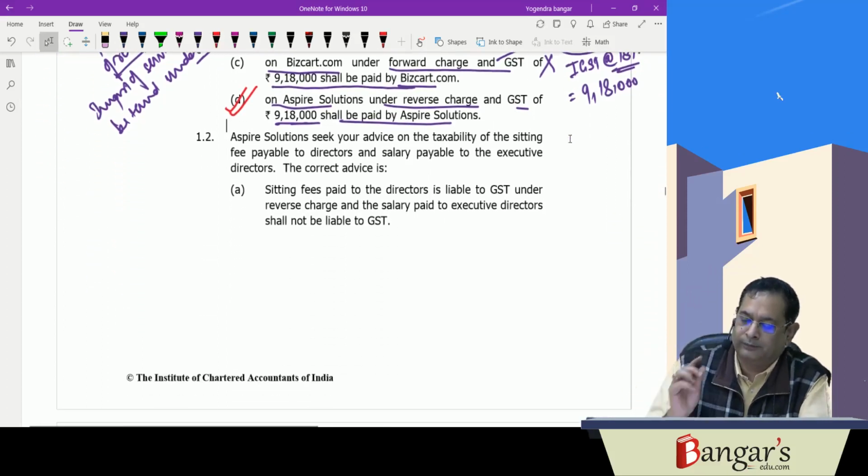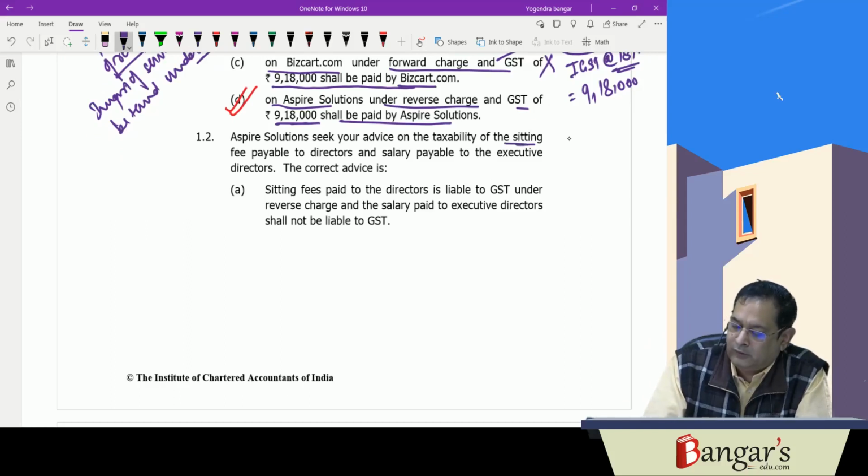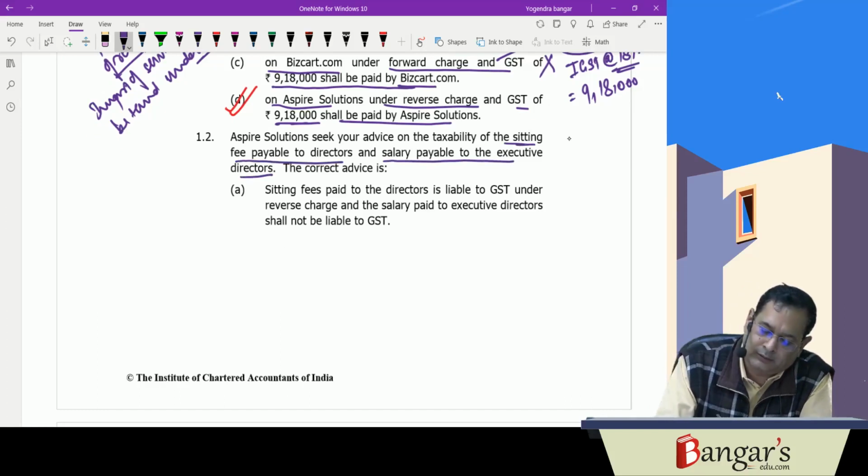Then the second one. Aspire Solutions seeks your advice on the taxability of sitting fees payable to directors and salary payable to executive directors.